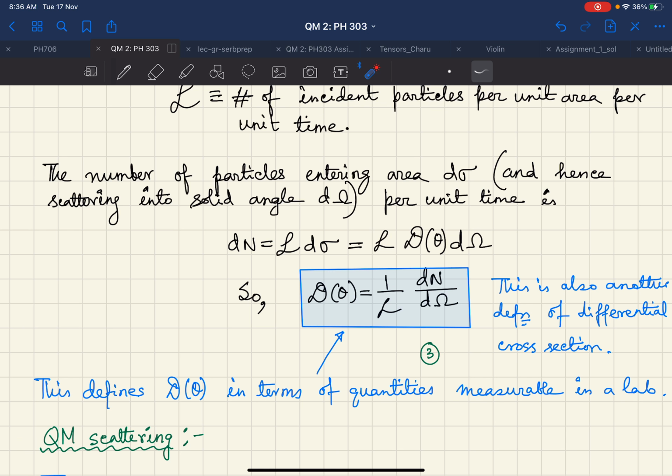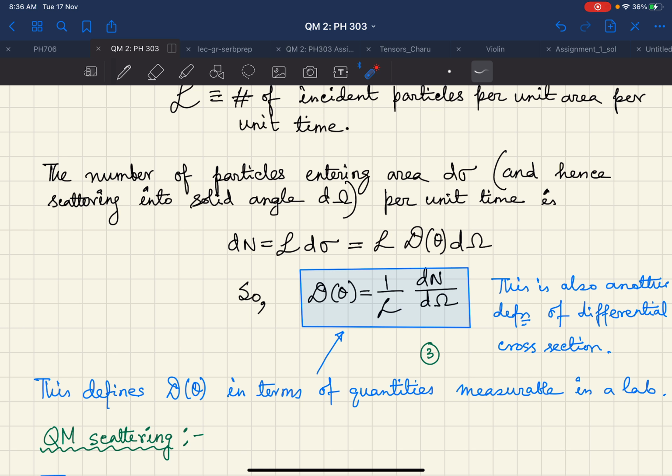So we will stop here before starting the quantum mechanical scattering, because I think that this classical scenario needs some time for you to look at, because quantum mechanical scattering, when we start, will be a little bit more mathematically involved.